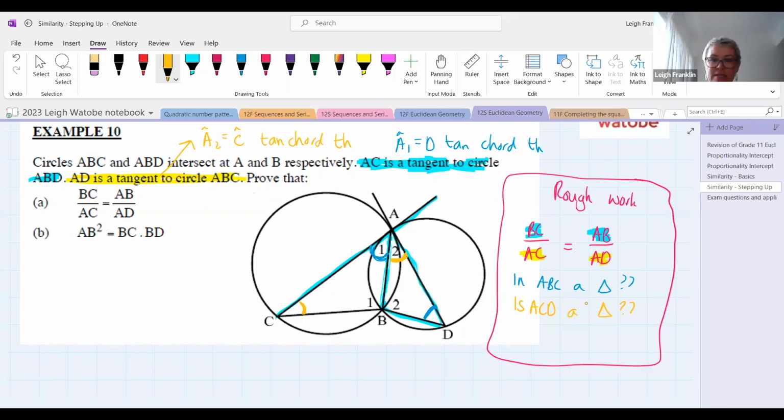Is ACD a triangle? What's the answer to that? Correct. The answer is no. So ACD is not a triangle. ACD is not working. So when we went across like this, it didn't work.